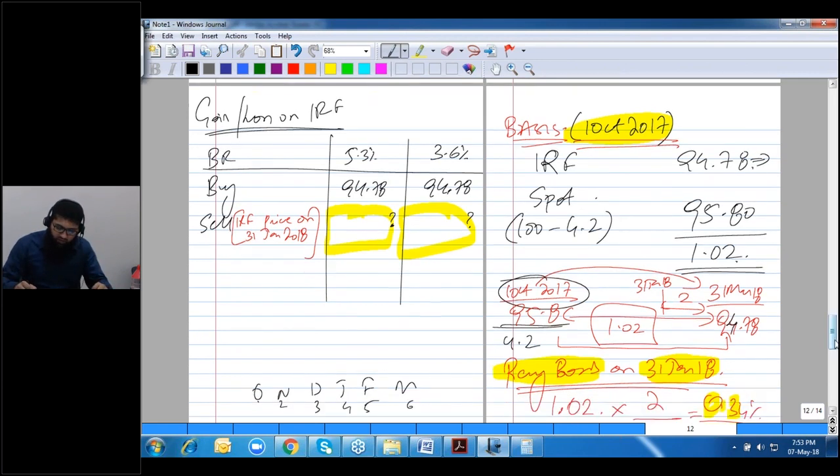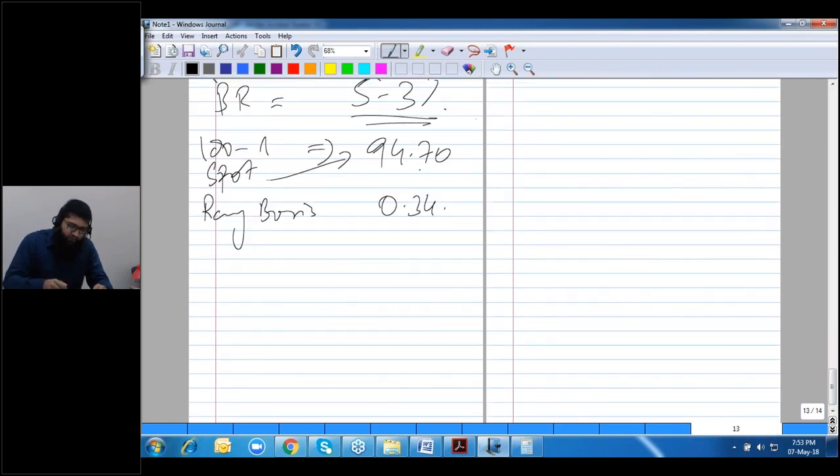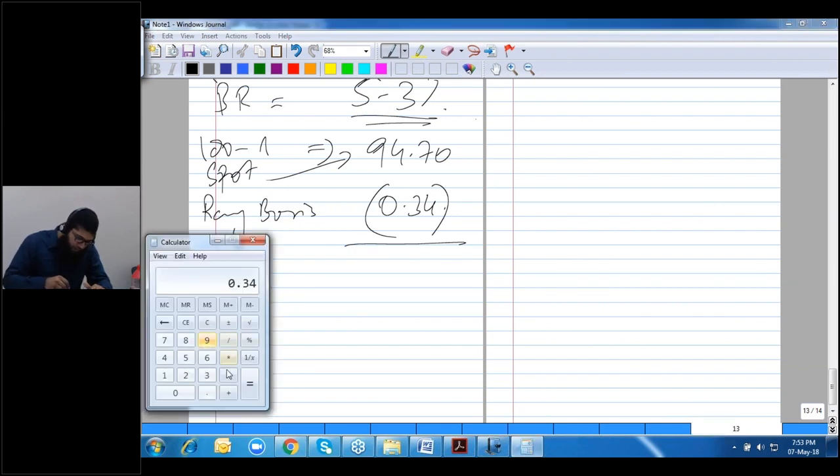Now what do we mean by this relationship would always prevail? We actually have a spot rate which is 94.7. We do know that the spot rate would always be greater than IRF. That means the IRF would be lower than the spot rate. So the IRF is going to be 94.7 minus 0.34.